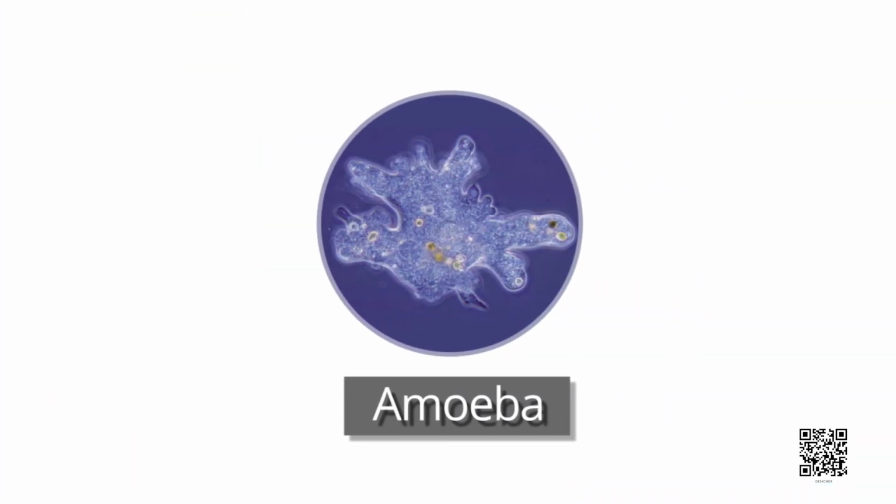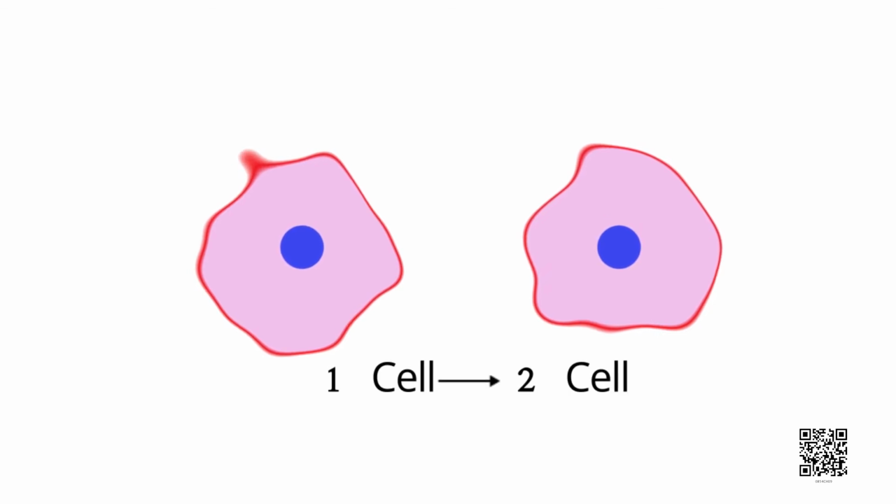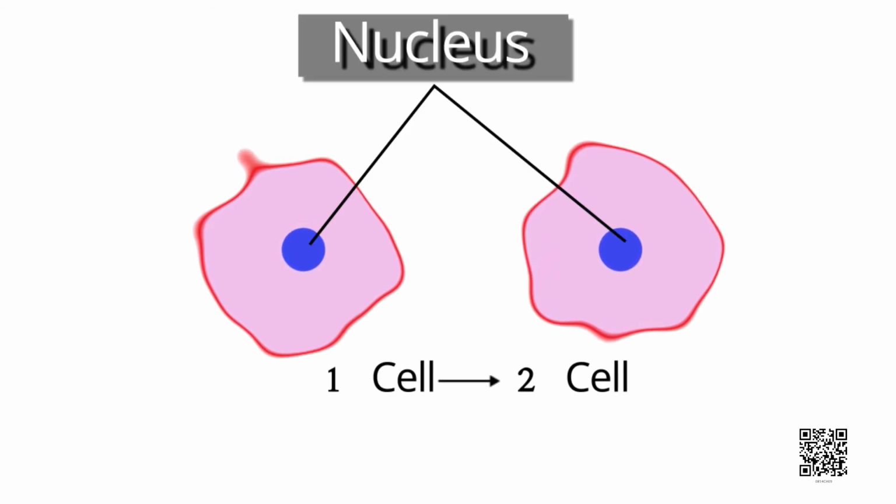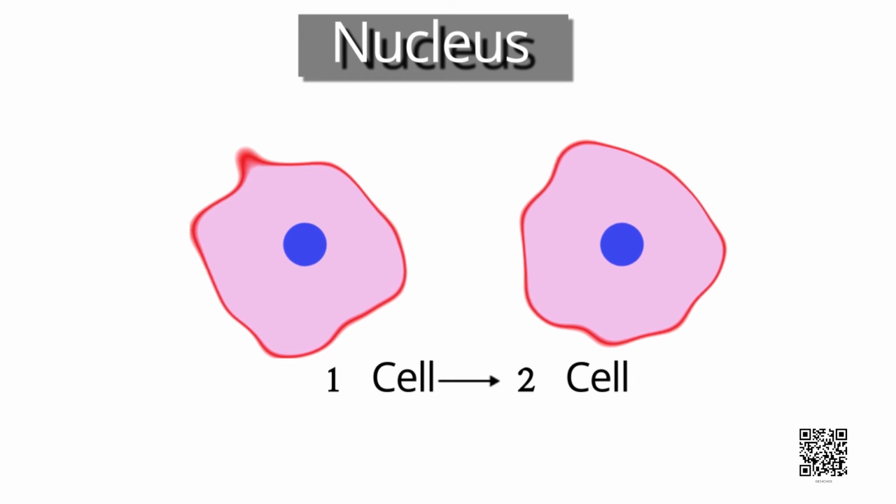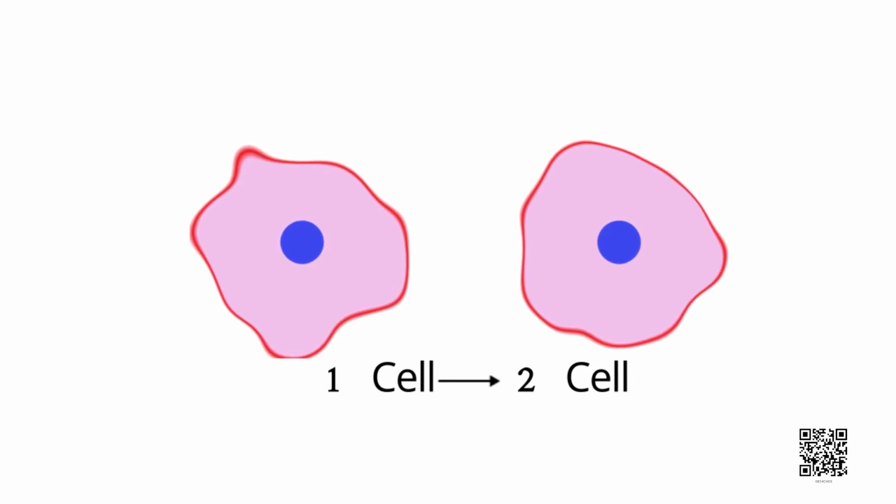Amoeba is a single-celled organism. It begins the process of reproduction by the division of its nucleus into two nuclei. This is followed by division of its body into two, each part receiving a nucleus. Finally, two amoebae are produced from one parent amoeba.